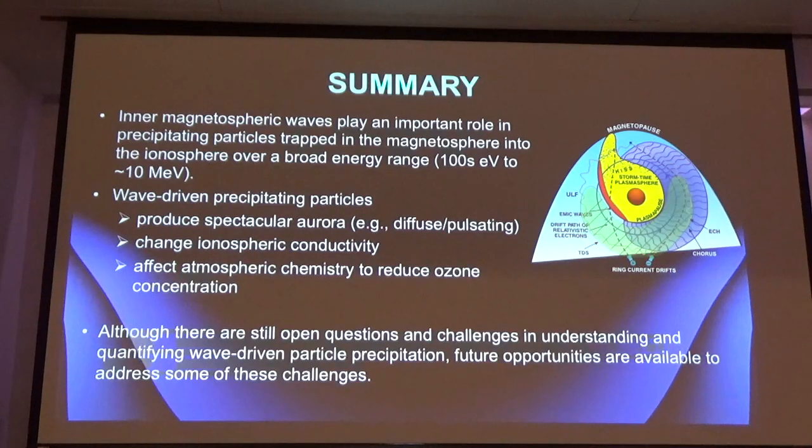Those wave-driven particle precipitation events cause spectacular aurora, like diffuse and pulsating aurora, and they also change the ionospheric conductivity, important for IM coupling, and affect the atmospheric chemistry to reduce the ozone concentration. Although there are still open questions and challenges in understanding and quantifying the wave-driven particle precipitation, exciting future opportunities are available to address some of those challenges.